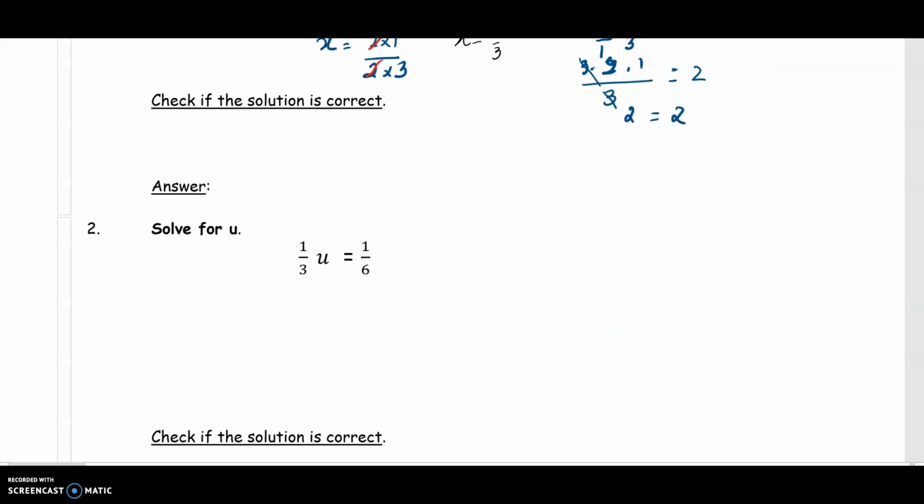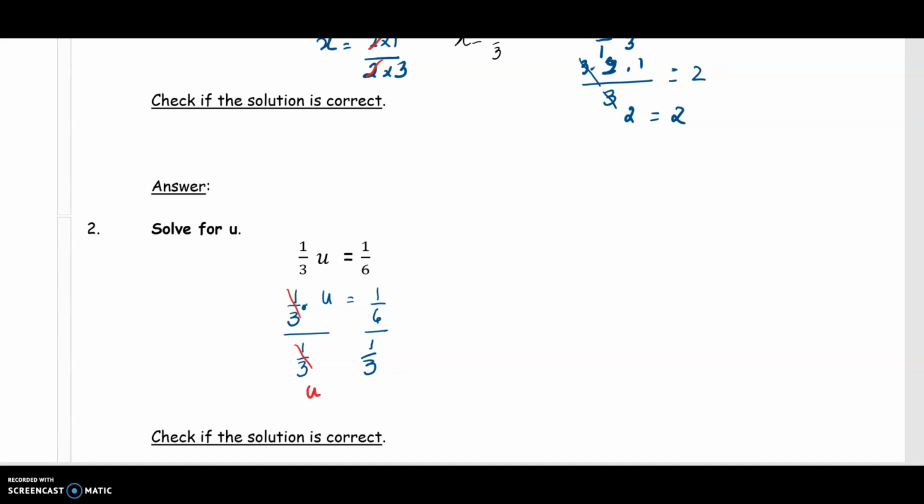Now suppose I have 1/3 u equals 1/6. There are a couple of ways of solving this problem. You could think of it as 1/3 times u is equal to 1/6. So if 1/3 is multiplied with u, I can divide both sides by 1/3, which will cancel off the 1/3 on both sides in the numerator and the denominator.